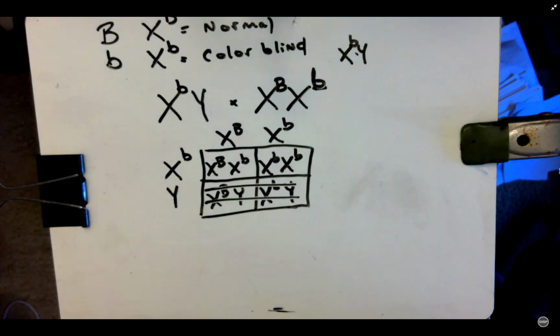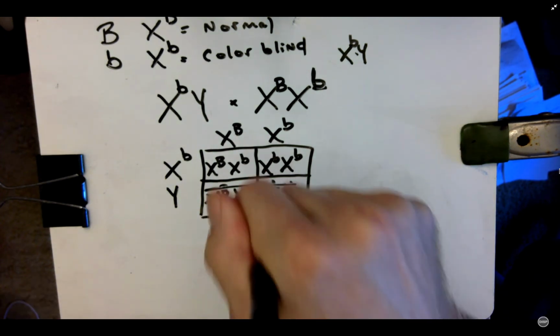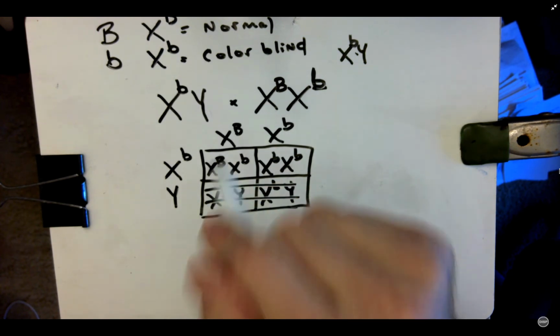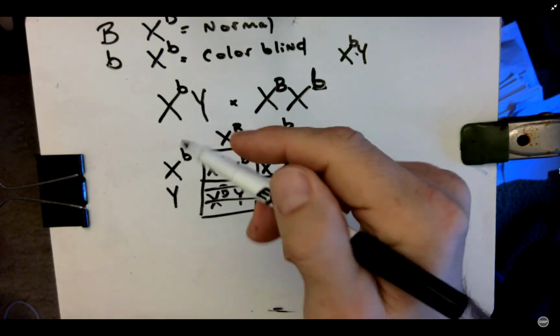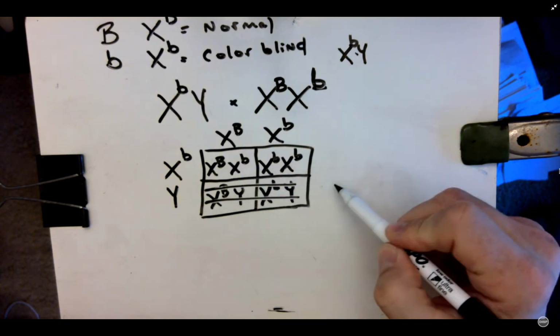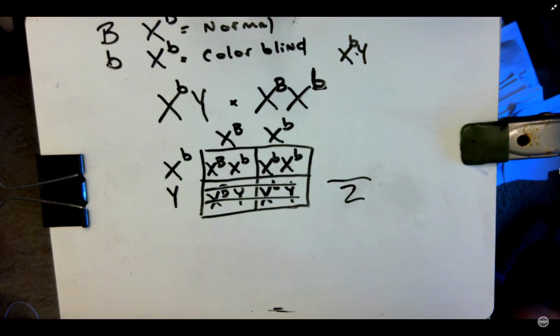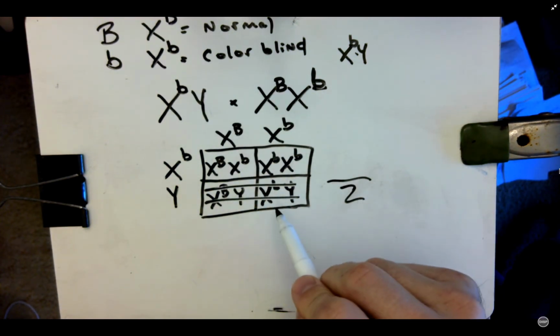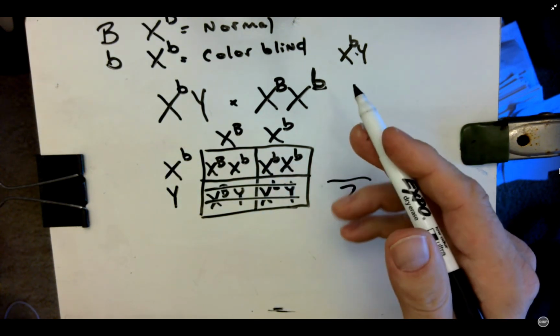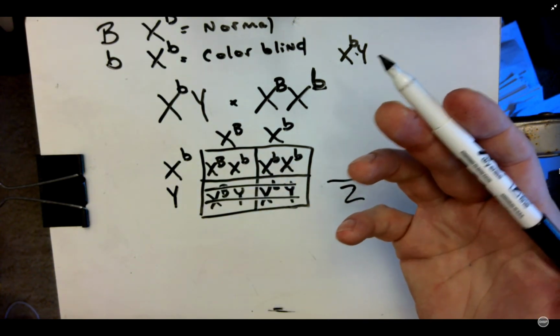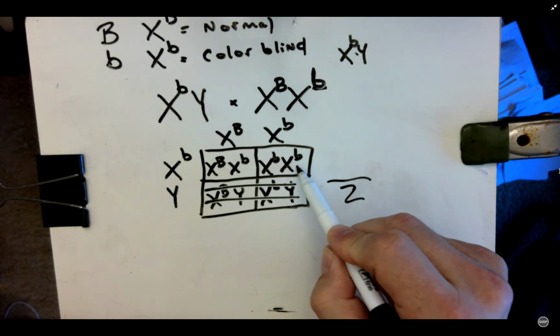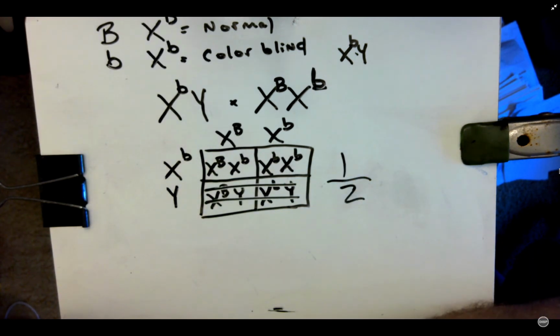That extra information allows us to cross this off, so now it's out of 2. Only this is a colorblind daughter, so 1/2.